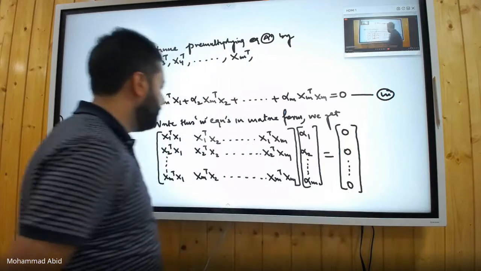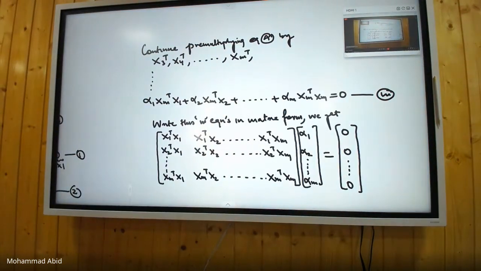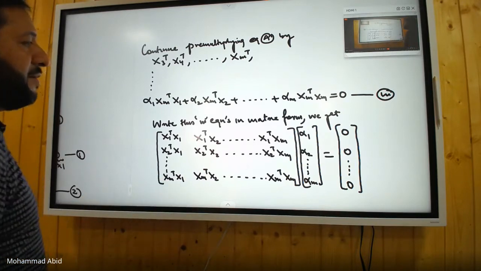Is that okay? These m equations I have written in matrix form.